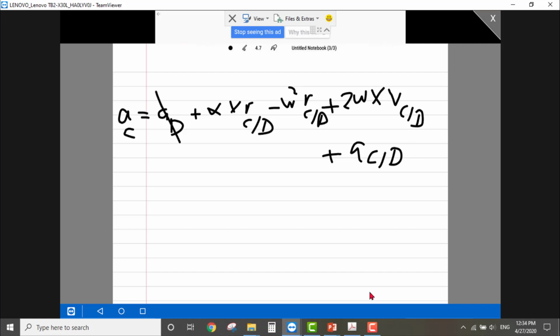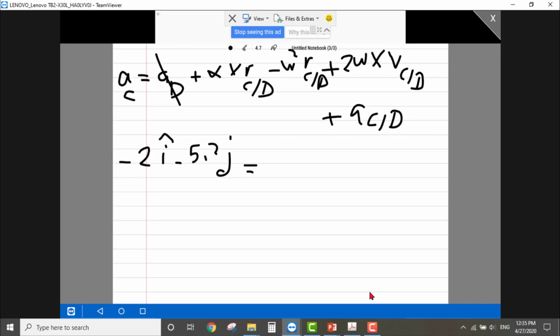AC we could find in the previous link, which is equal to minus 2 in the I direction, minus 5.2 in the J direction, and this is equal to alpha. Let us assume it is clockwise again, like omega. So I would write minus alpha in the K direction, cross product, moving from D to C again, completely horizontal in the positive direction, so positive 0.4 in the I direction.